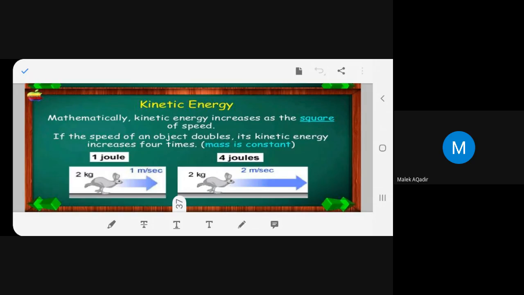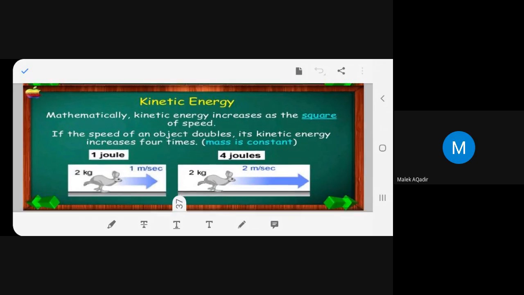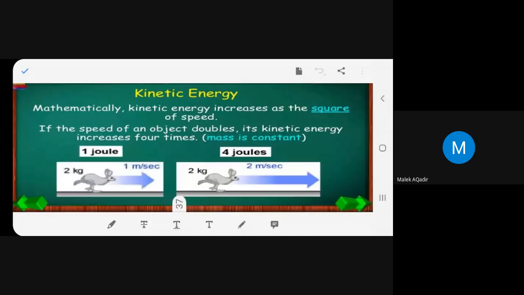Mathematically, kinetic energy increases as the square of the speed. If the speed of an object doubles, its kinetic energy increases 4 times. Mass is constant: 1 joule for 2 kg at 1 meter per second, 4 joules for 2 kg at 2 meters per second.